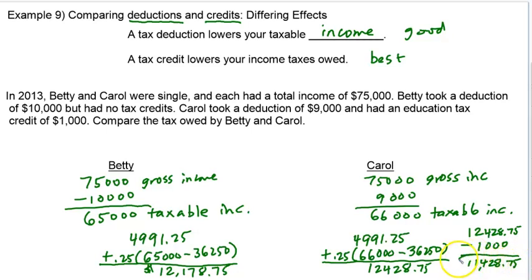So the big difference there between a credit and a deduction that I just want to get across: a credit comes directly off the tax amount that you potentially owe. A deduction lowers the taxable income. They're both good, but the credit has a greater impact on what you owe potentially.